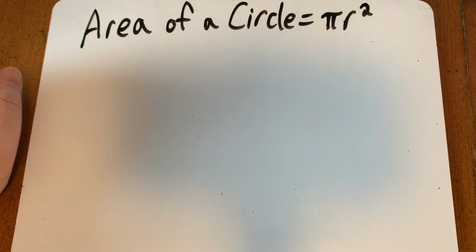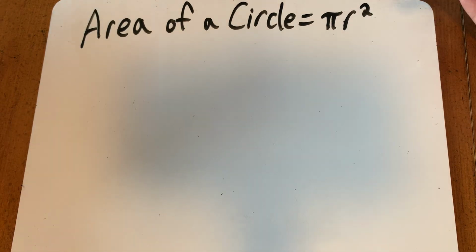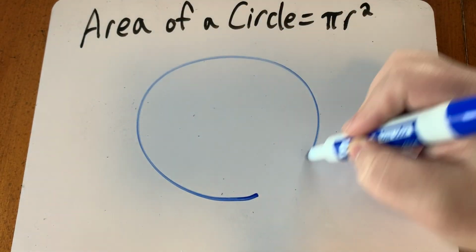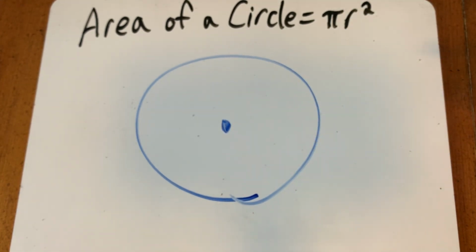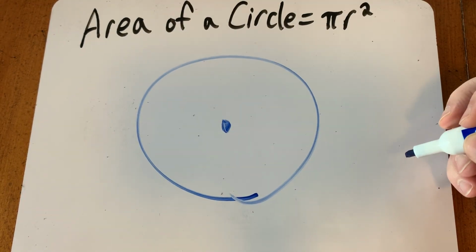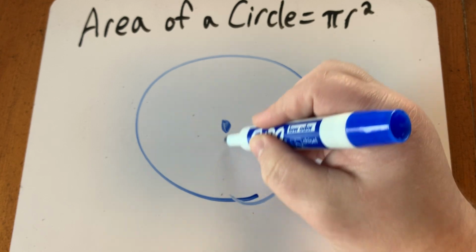But let's talk about the area of a circle in a very, very broad sense. Imagine the circle. We have the center. We have all these points that are equidistant from the center. So we can divide it up into sections.